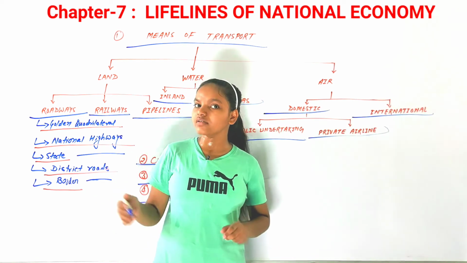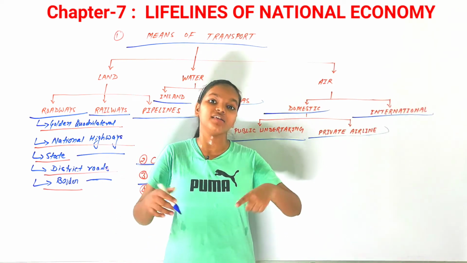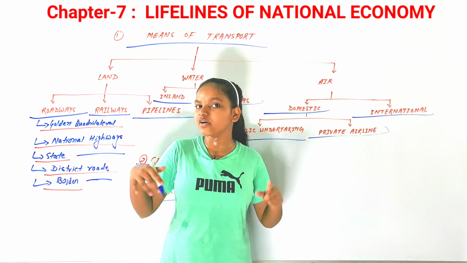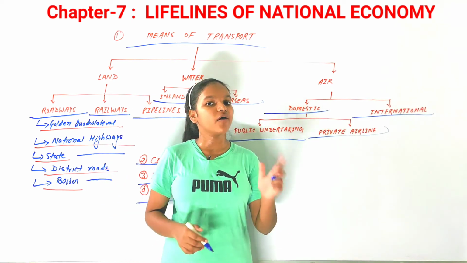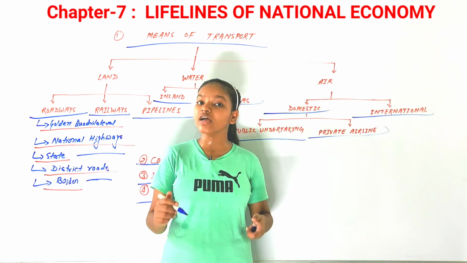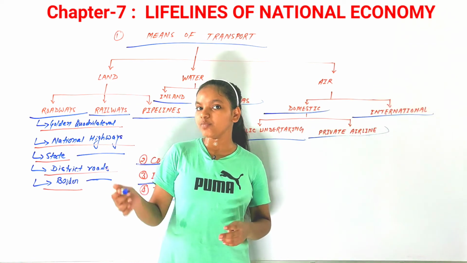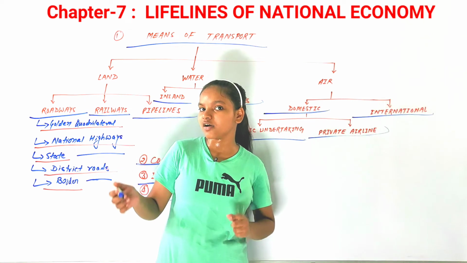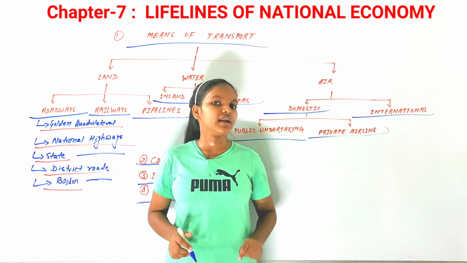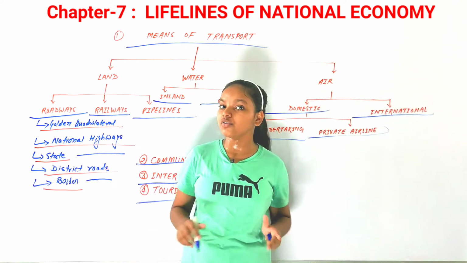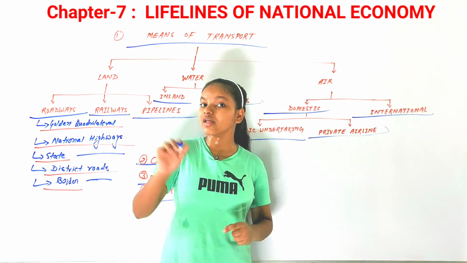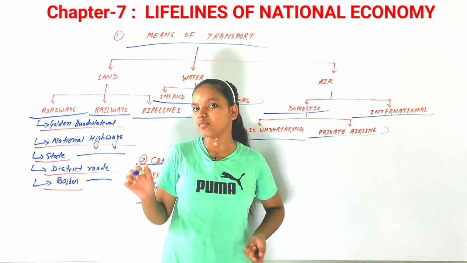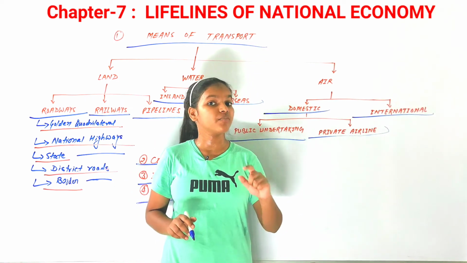For railways we saw that it faces certain problems, but it's still preferred by many people. After that, water transport, which could be inland navigation and overseas, like seaports. There are 12 major ports of our country along the western coast and the eastern coast. The total coastline of our country is about 7,516.6 kilometers. That is also one of the important points you should learn.